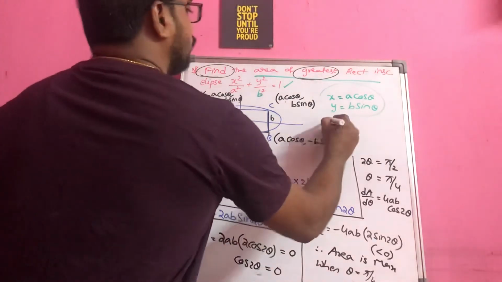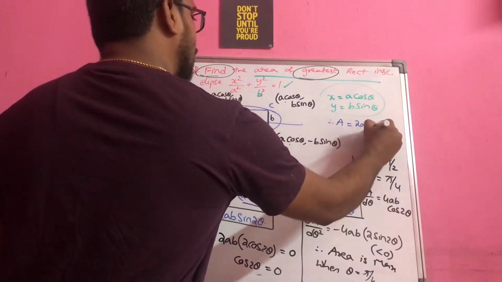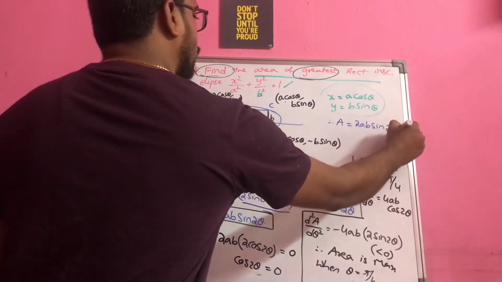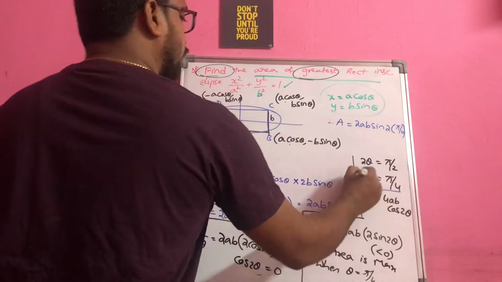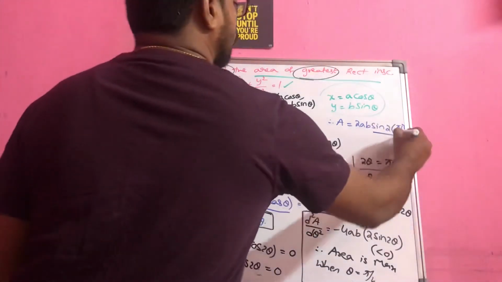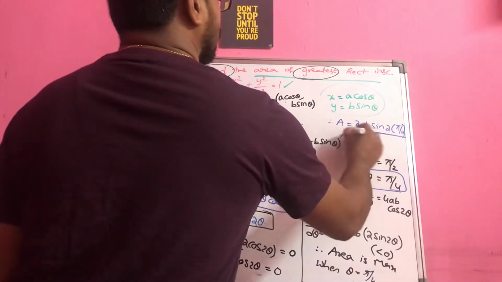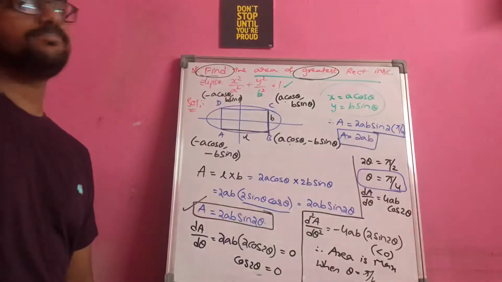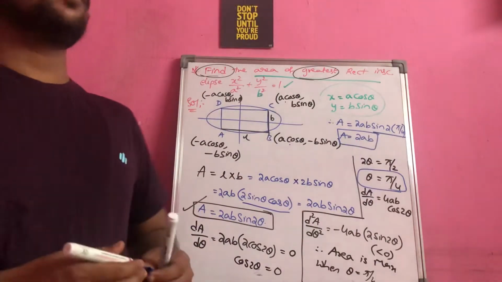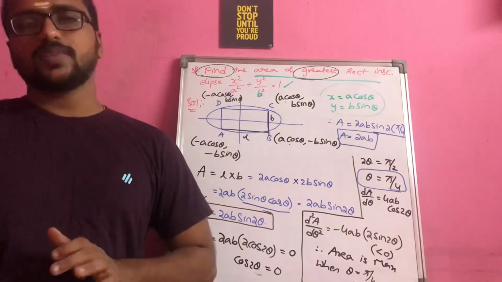So that area will become 2ab sin 2 into pi by 4, the turning point we have, theta equal to pi by 4. If you substitute, sin 2 into pi by 4 is sin 90, and that value will be 1. So area is equal to 2ab. This is how you have to find the area of the rectangle inscribed in the ellipse, right?